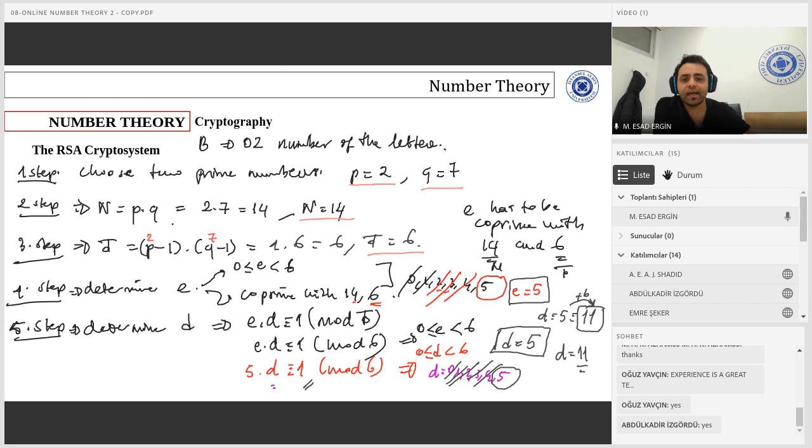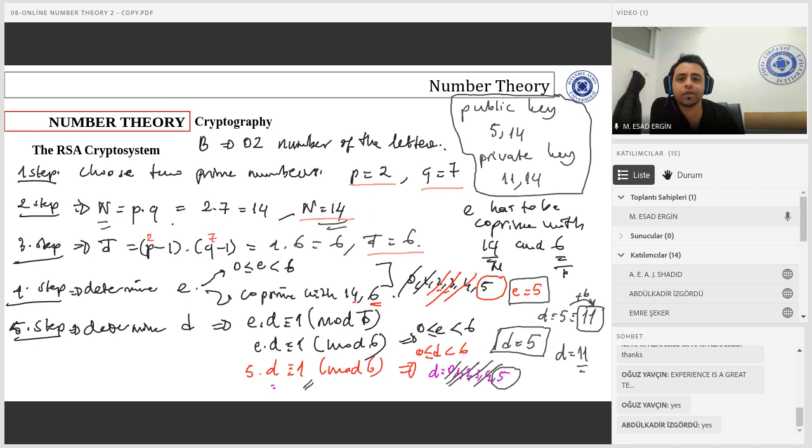Okay, now we have the public key, which is 5, and what is n? It is 14. And we also have the private key, which is 11 and 14. We found this, and now we are trying to encrypt B, for example.